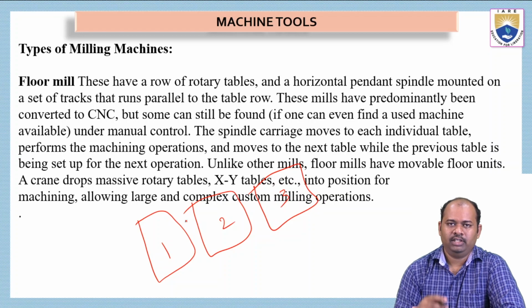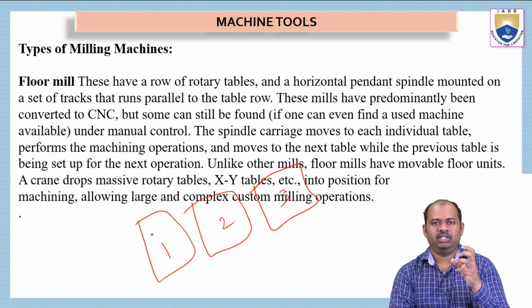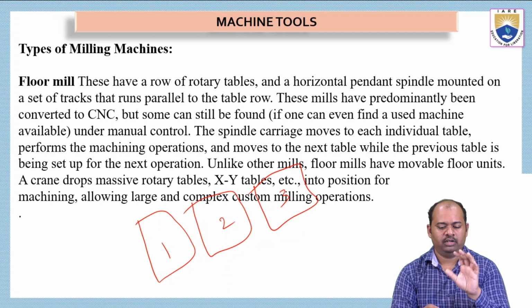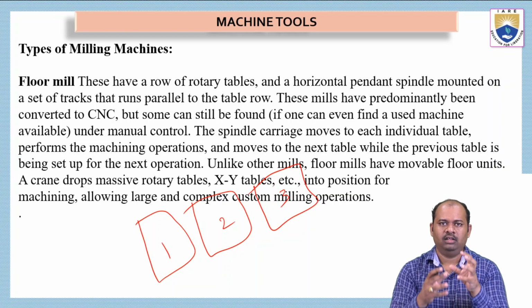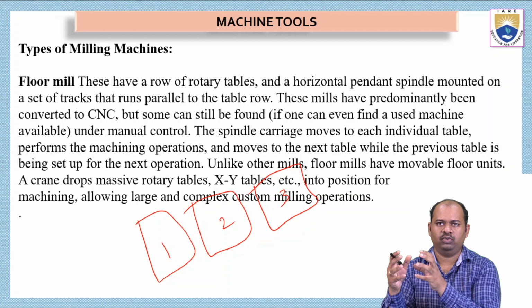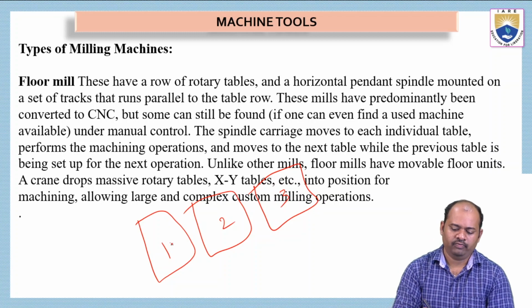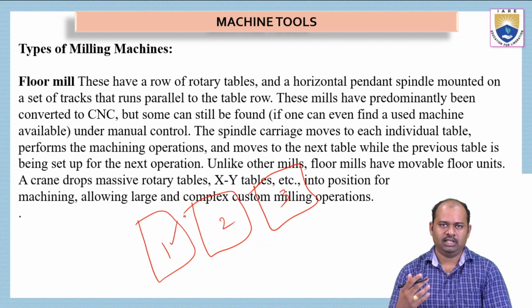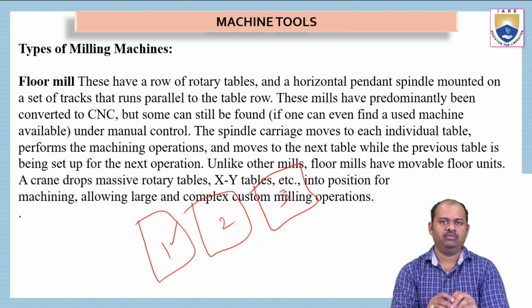The spindle is at table 1, machining the workpiece on table 1. After completion, the spindle will gradually move to the second table. Now the first table's workpiece is completely machined, so it will be replaced with a new workpiece.